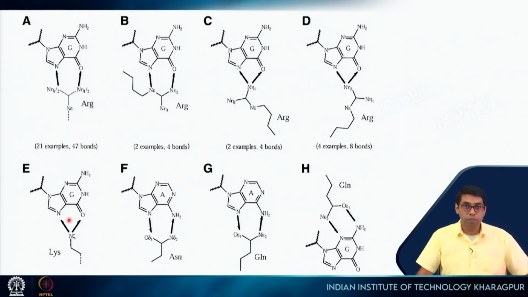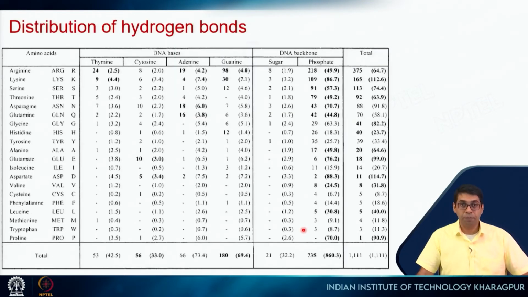Similarly, lysine can form hydrogen bond with guanine. Asparagine can form a pair of hydrogen bonds with adenine. Glutamine can also form a pair of hydrogen bonds with adenine, and glutamine can form a pair of hydrogen bonds with guanine. So all these hydrogen bonds are seen quite often in various protein DNA structures that have been solved.